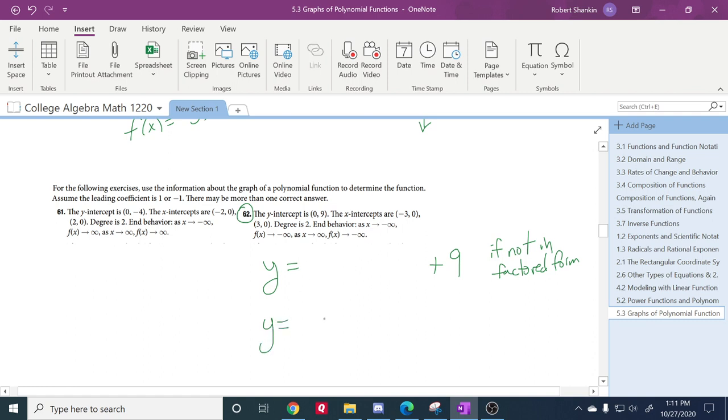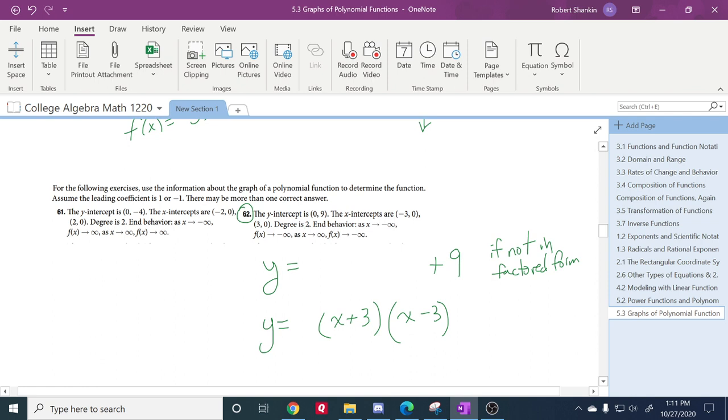It says the x-intercepts are -3 and 0. Now when an x-intercept is -3, that tells me that that is a factor, because when I put -3 in for x, it causes the y to become 0. And it also is (3, 0). That's a factor.